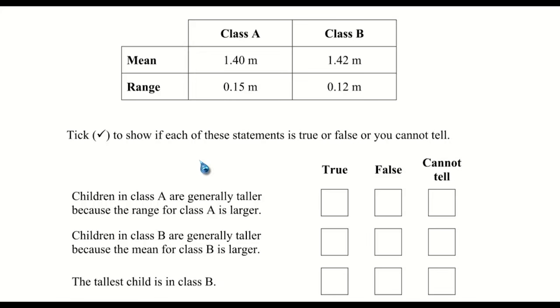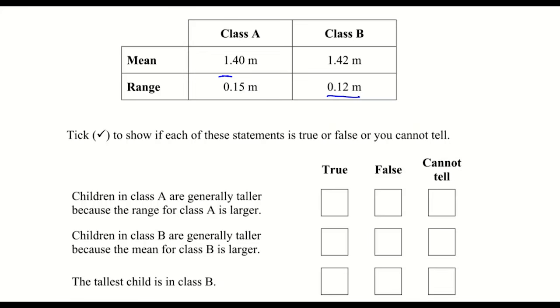That means they are taller than one another. They are not that tall. Some people are tall and some people are short. So that is why the range is larger than the other. If you look at the range for class A, it is 0.15 and the range here is 0.12.